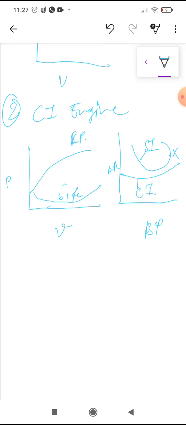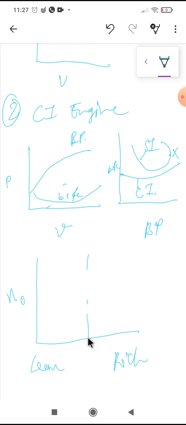So if I want to draw a graph of mixtures, that is lean versus rich mixtures, and on the y-axis overall thermal efficiency, suppose this is the 50% line, I will get a graph in such a manner.